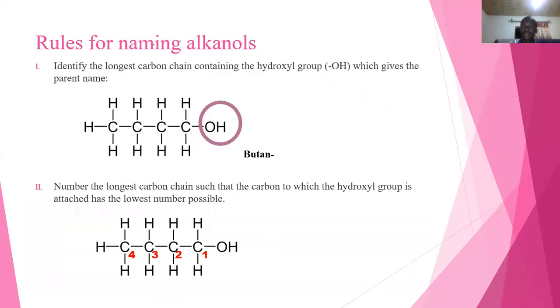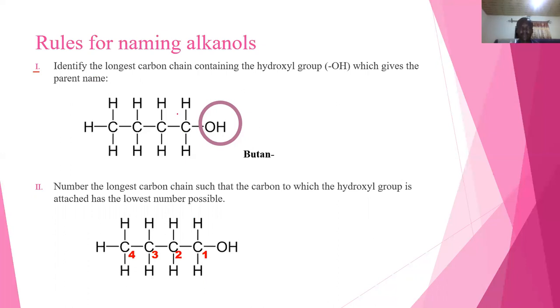We have the rules for assigning the alkanols the IUPAC name. The first rule: identify the longest carbon chain containing the hydroxyl group, which gives the parent name.